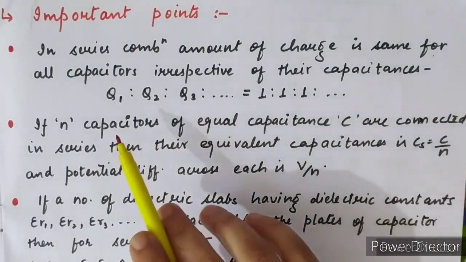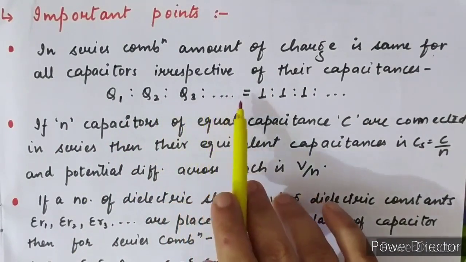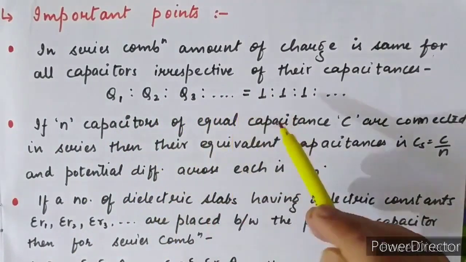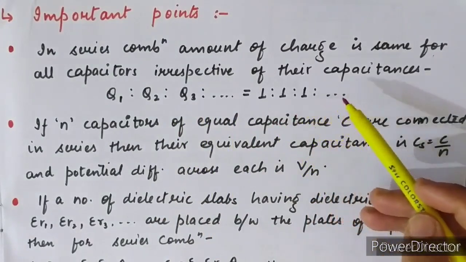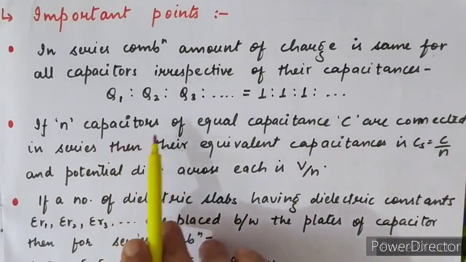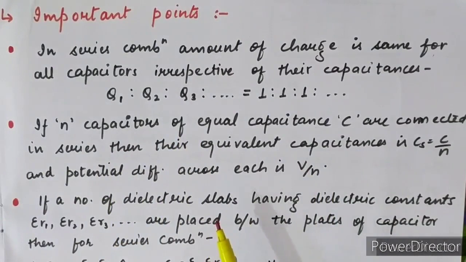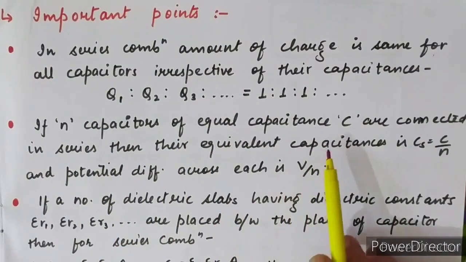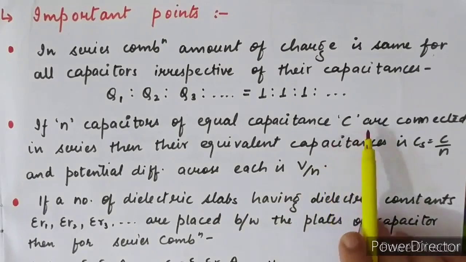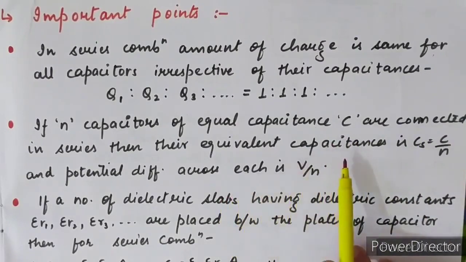So what was their ratio? Q1 ratio, Q2 ratio, Q3 ratio, and so on. So their ratios will be 1 ratio, 2 ratio, 3 ratio, and so on. Okay. Second one is if n capacitors of equal capacitances, each of equal value C, are connected in series combination, then their equivalent capacitance is C by n.